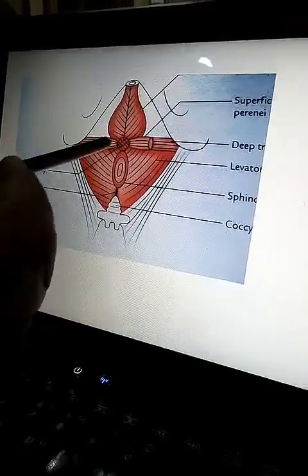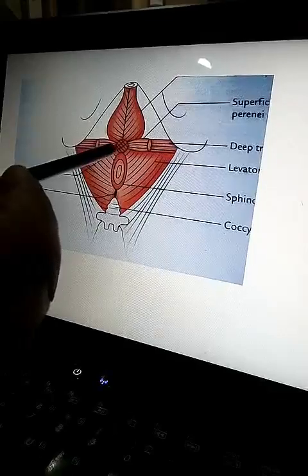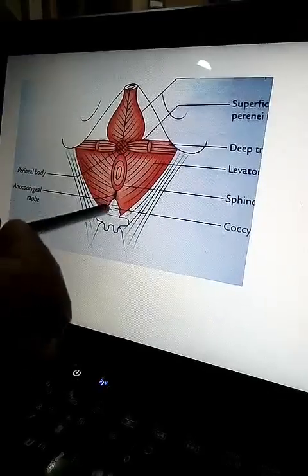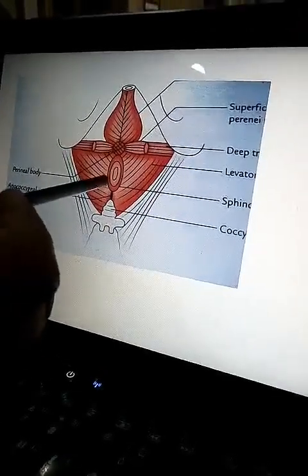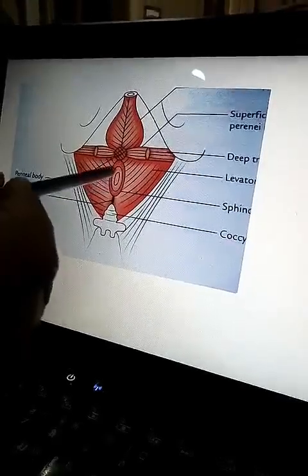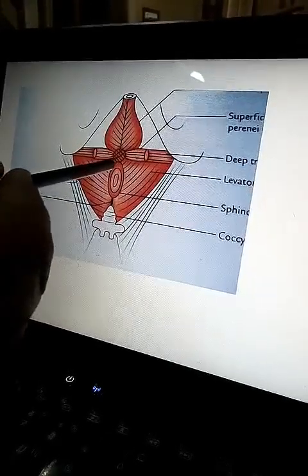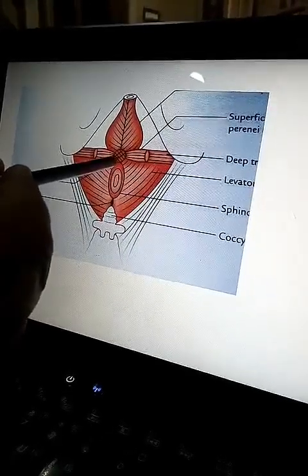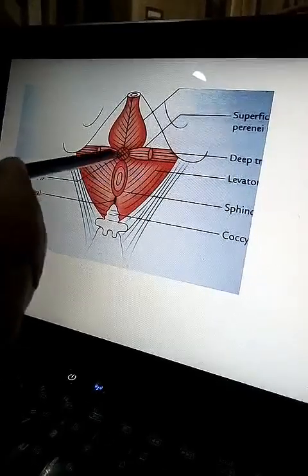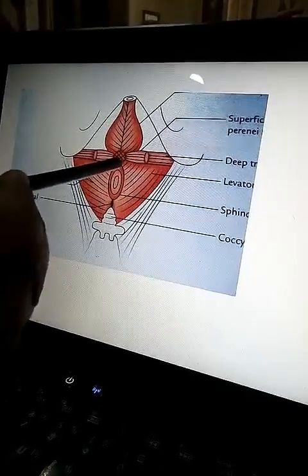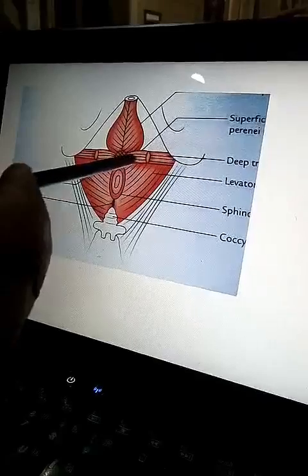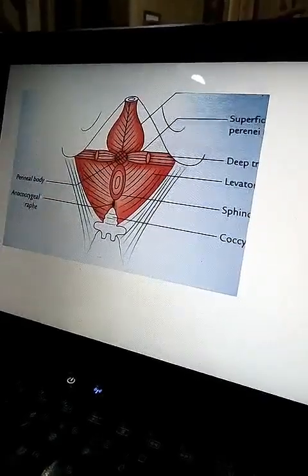It lies about 1.25 centimeters in front of the anal margin, close to the bulb of the penis in males and the posterior wall of the vestibule of vagina in females. The 10 muscles of the perineum converge and interlace in the perineal body. So what are these muscles?